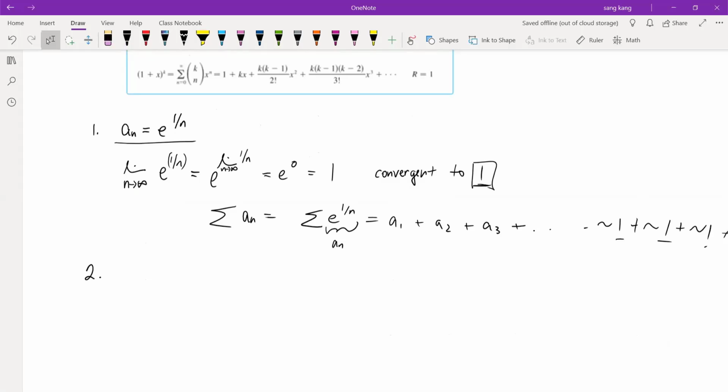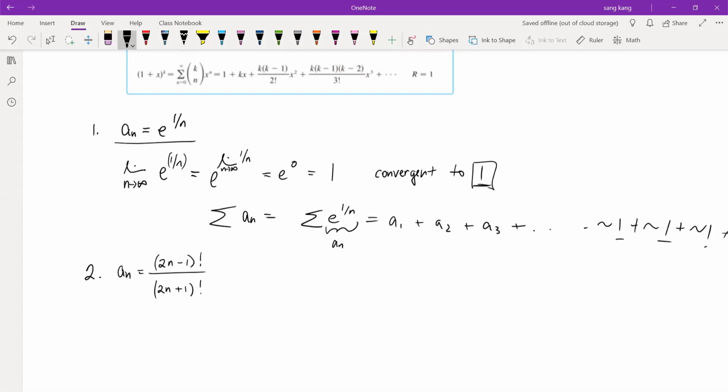All right, so number 2, we have a sequence (2n minus 1) factorial over (2n plus 1) factorial. So we want to determine whether this sequence converges or diverges.